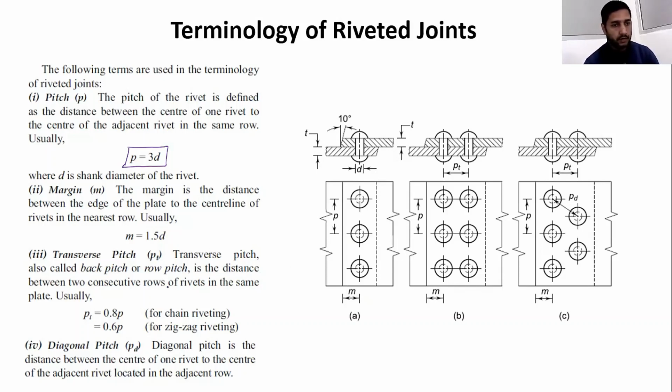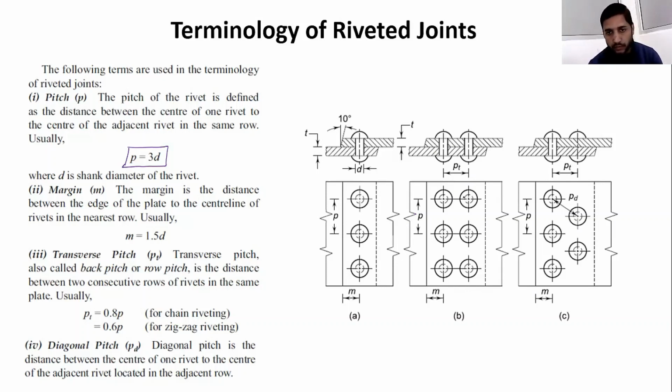Third term is transverse pitch. Transverse pitch is also called your back pitch or row pitch, and it is the distance between two consecutive rows of rivets in the same plate. In the same plate, if you are finding the distance between two rows, like in the double riveted lap joint we talked about, how one row is placed from the first row, at what distance, that particular distance is called your transverse pitch.